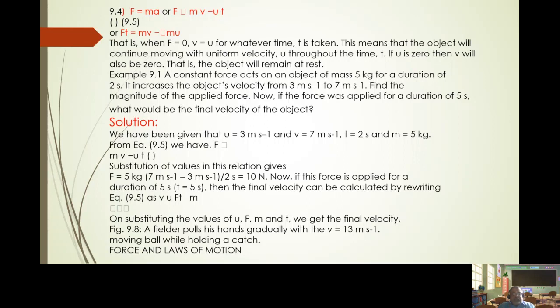Now, if this force is applied for a duration of 5 seconds, t is 5 seconds, then the final velocity can be calculated by rewriting the equation as v = u + Ft/m. On substituting the values of u, F, t and m, we will finally get the velocity.